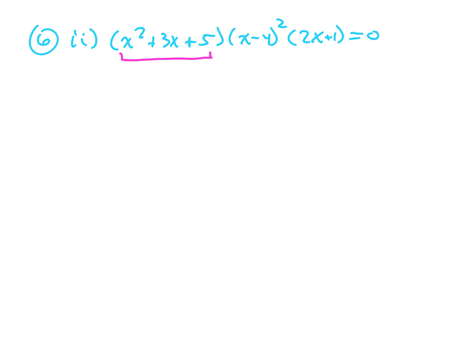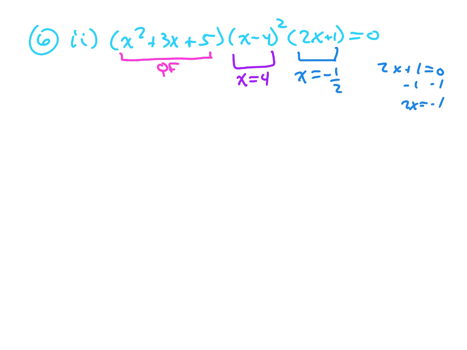So this needs the quadratic formula. This x equals 4. This x equals negative 1/2, because 2x plus 1 equals 0, minus 1 minus 1, 2x equals negative 1, divided by 2.